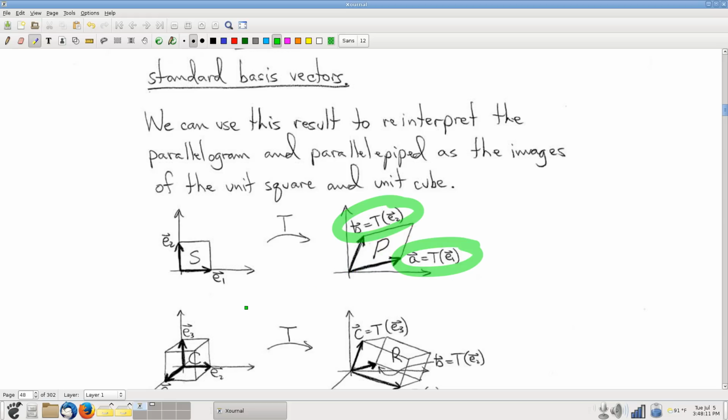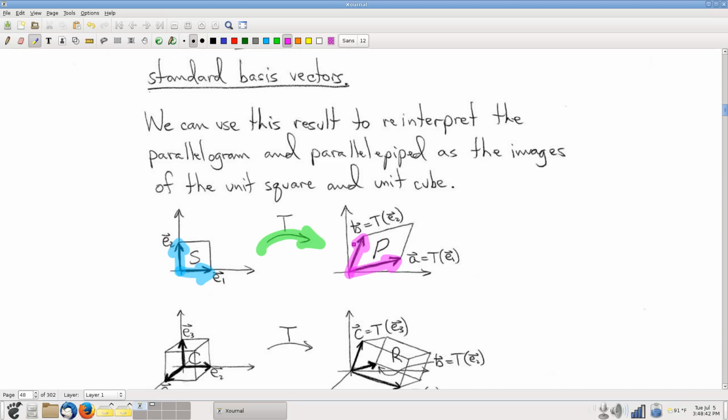So instead of just thinking of these as being just the vectors A and B, let's think of these as being the images by way of this new function that we're talking about, T, the images of these standard basis vectors here. All right. So E1 and E2, plug them into the T transformation, and out come our A and our B.